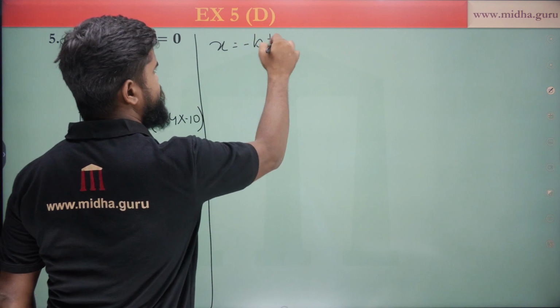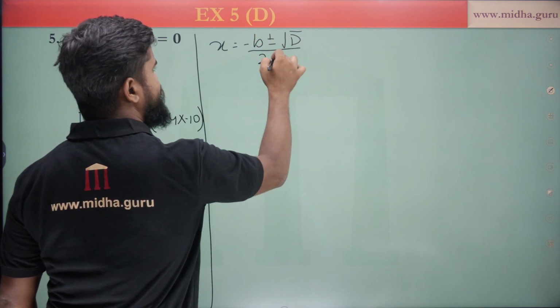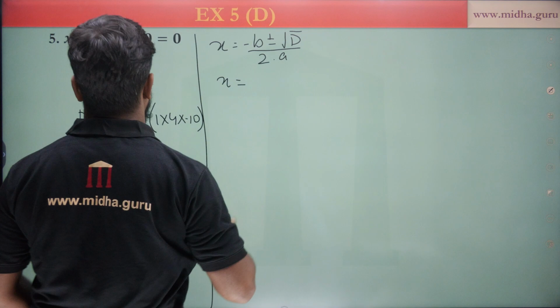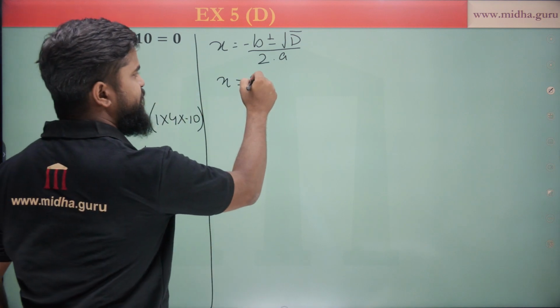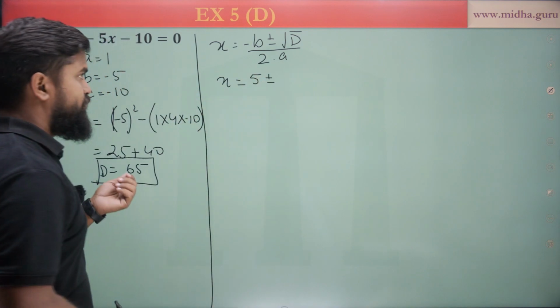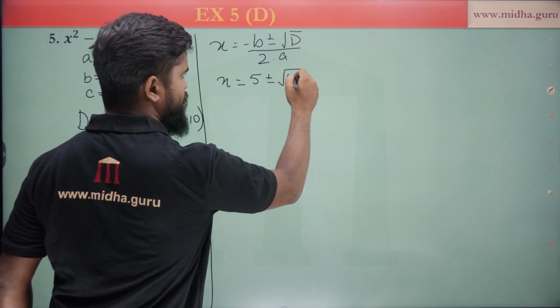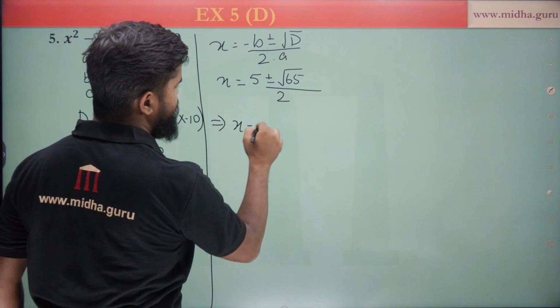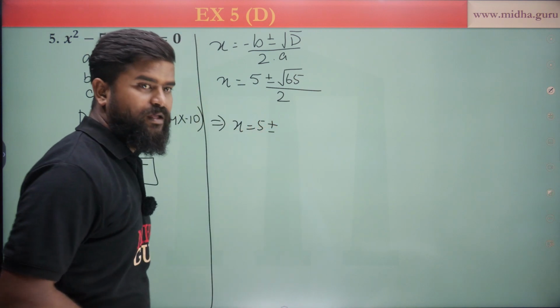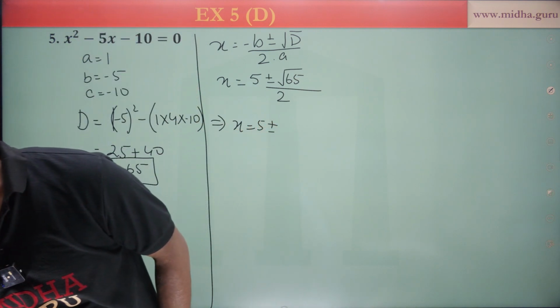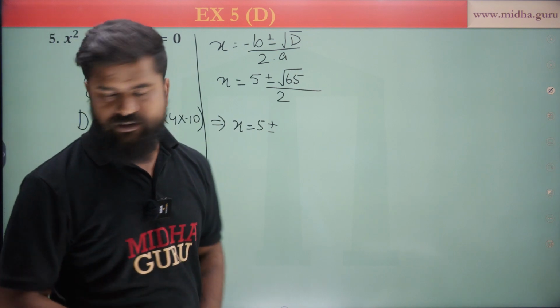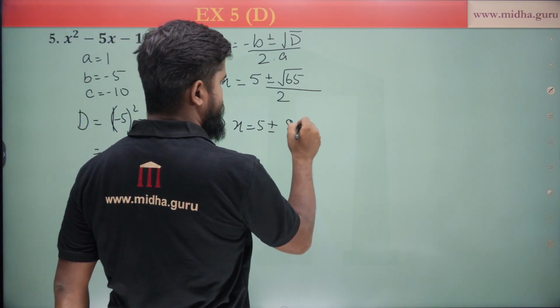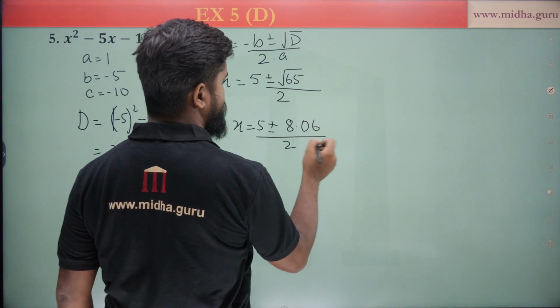Now x is equal to minus b plus or minus the root of the discriminant divided by twice of a. Since b is minus 5, minus b becomes 5 plus or minus the root of 65. And since a is 1, we'll write 2. So now x is equal to 5 plus or minus. Going back to our square root tables, we get the root of 65 to be 8.06 by 2.